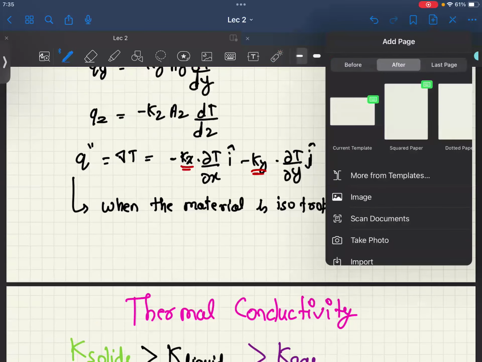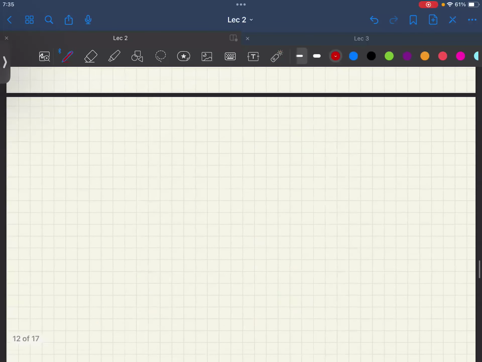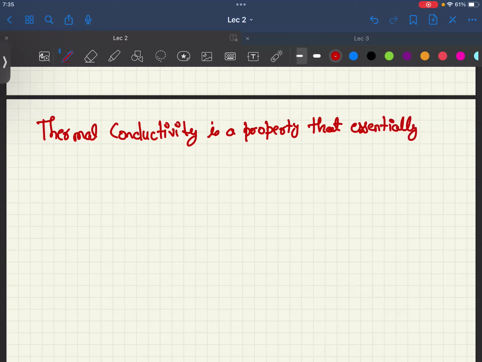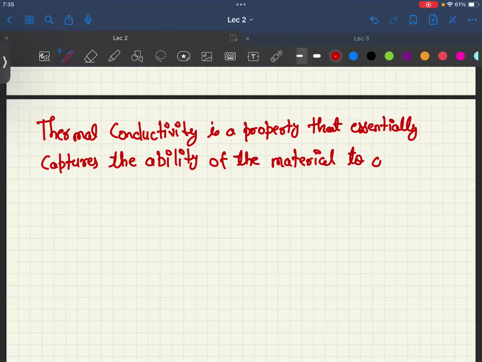Add this. So thermal conductivity is a property that essentially captures the ability of the material substance to actually conduct heat.